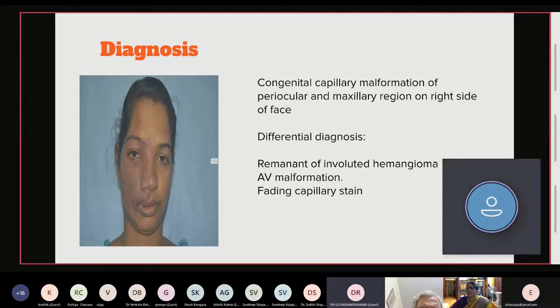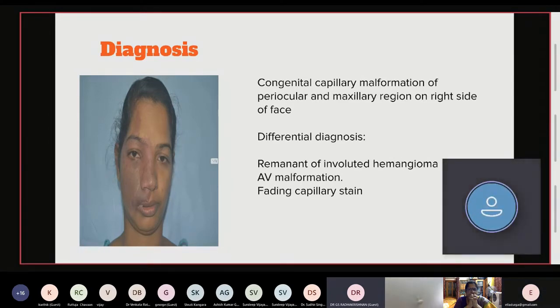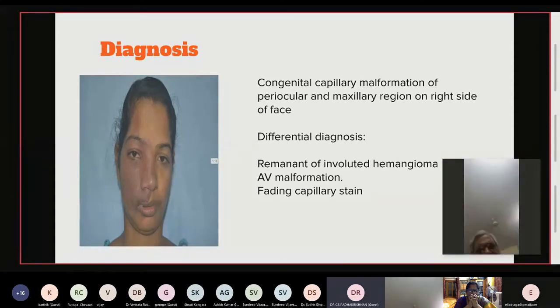You have the patient. You have asked the history. My reason for asking is, why did you consider the remnant of an involuted hemangioma as part of the differential diagnosis? Do you get any history which suggests that it was a hemangioma?